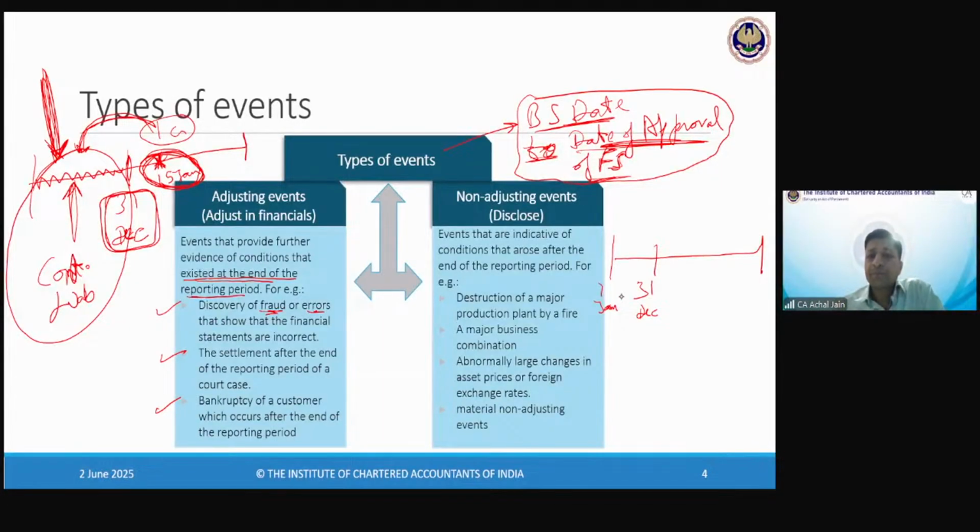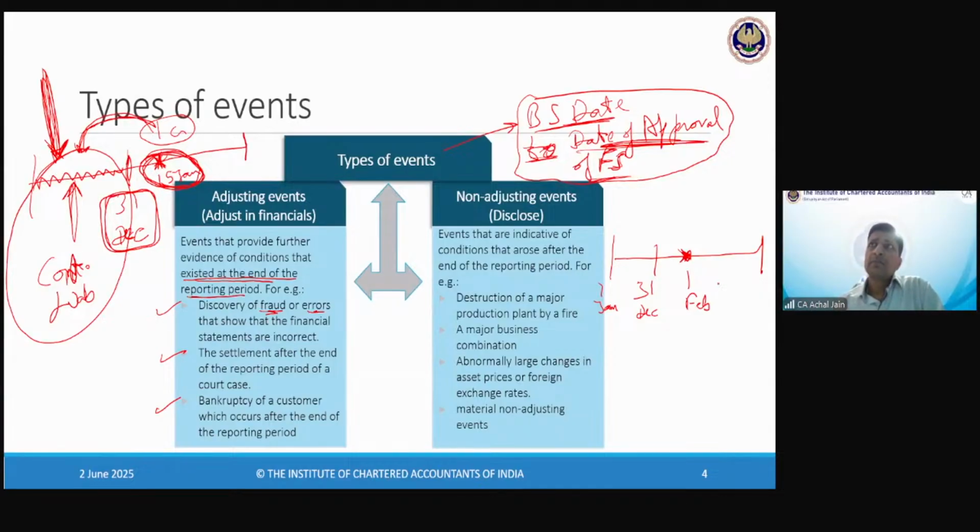Say on 1st of Feb, fire took place at one of the production facility. So company has various plants. In case of one of the plants, fire took place. And the plant is destroyed.